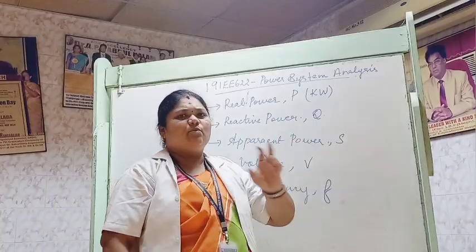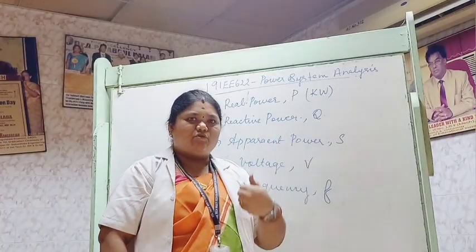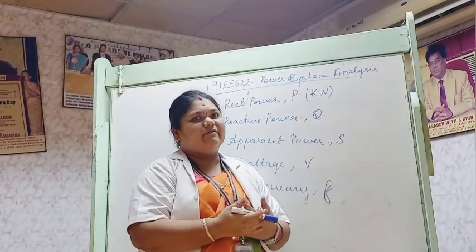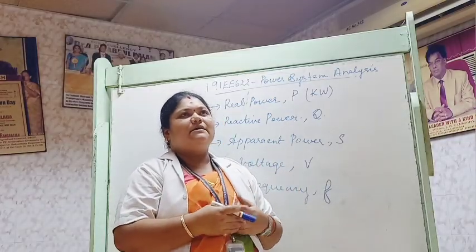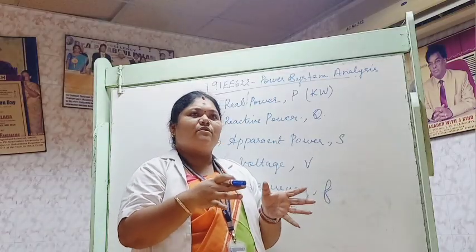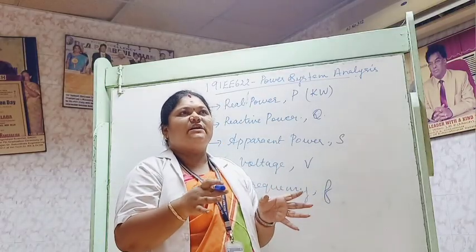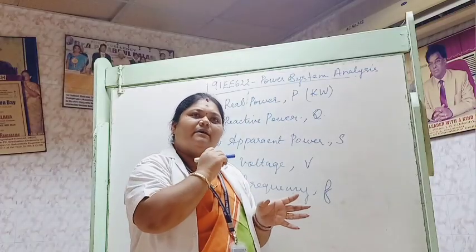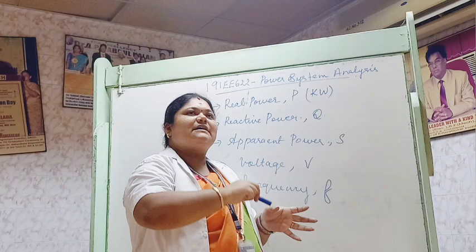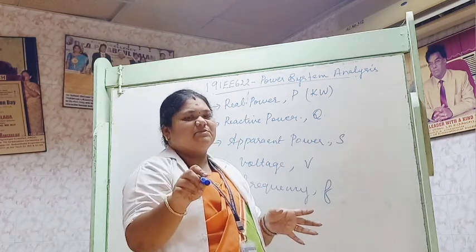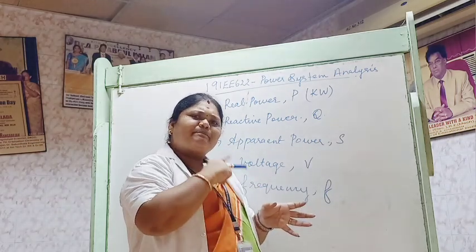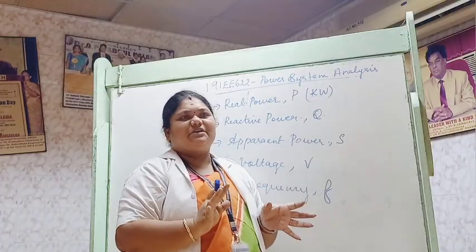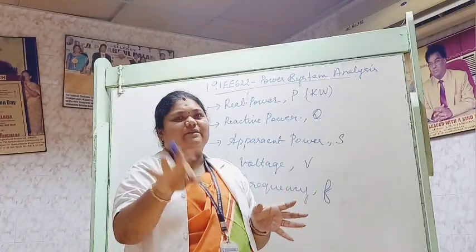And then reactive power. What is meant by reactive power? Reactive power is where the power moves to and fro in a transmission line. During generation, the power is transmitted through the transmission line.